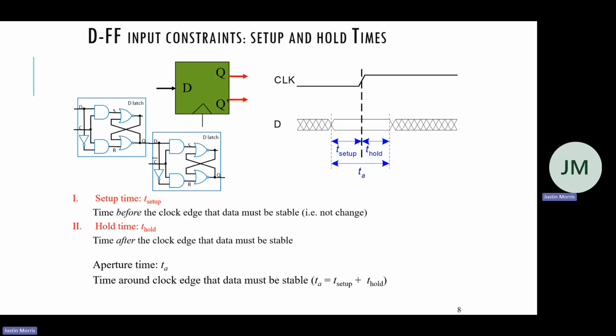So that's what the whole time is for. So setup time, if you have a violation, you could keep your previous value that you didn't want to keep. Hold time, if you have a violation, you can skip a value that you were not trying to skip.